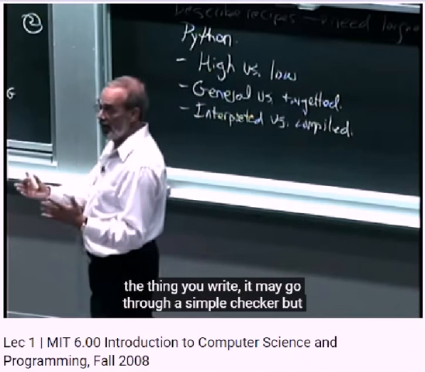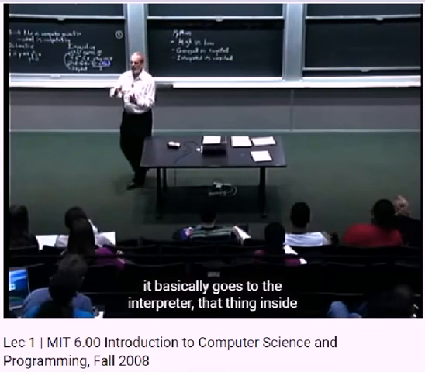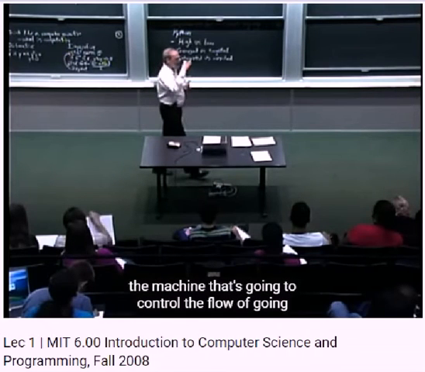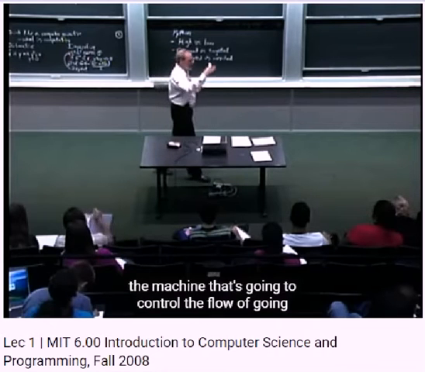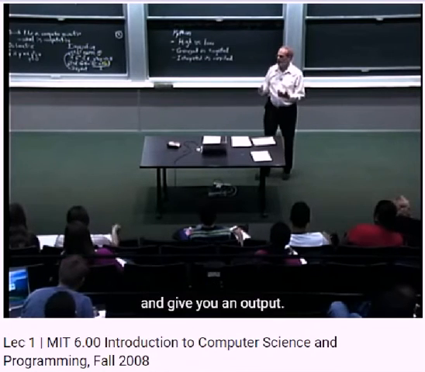It may go through a simple checker, but it basically goes to the interpreter, that thing inside the machine that's going to control the flow of going through each one of the instructions, and give you an output.